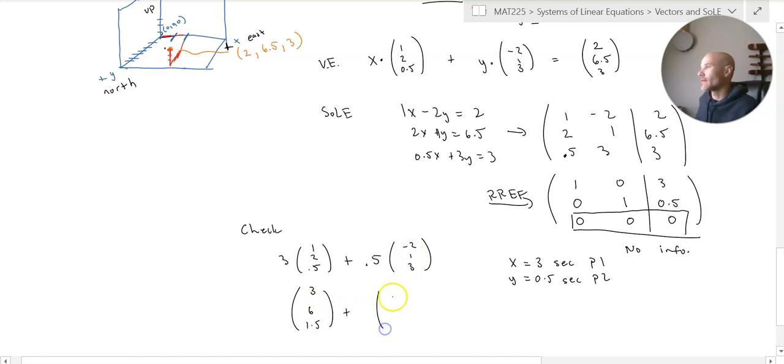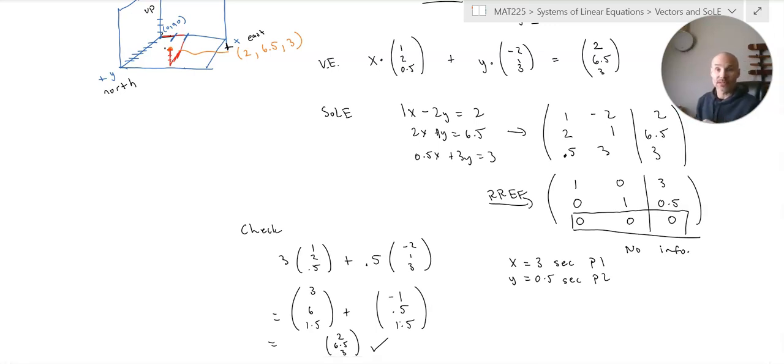If we add to that -1, 1/2, and 1.5, we get 2. Okay, so far so good. 6 plus 1/2 is 6.5. 1.5 plus 1.5 is 3, and this all checks out. So that's another application of working with vector equations and really seeing that they're connected to systems of equations.